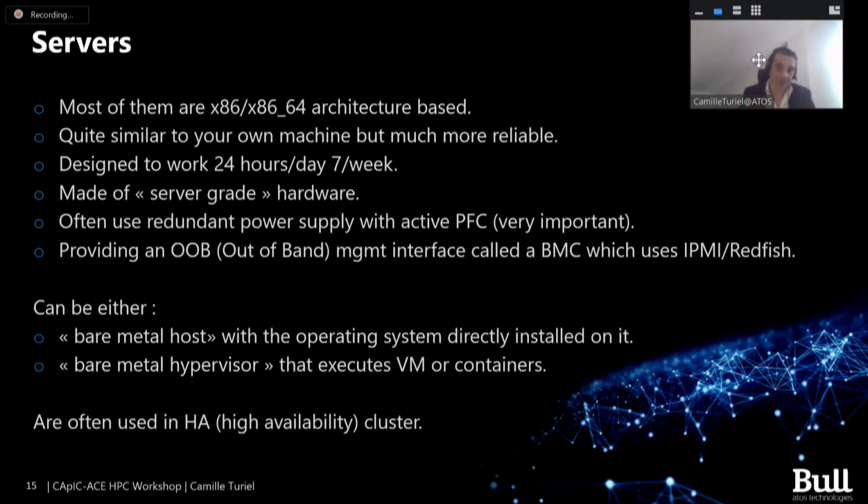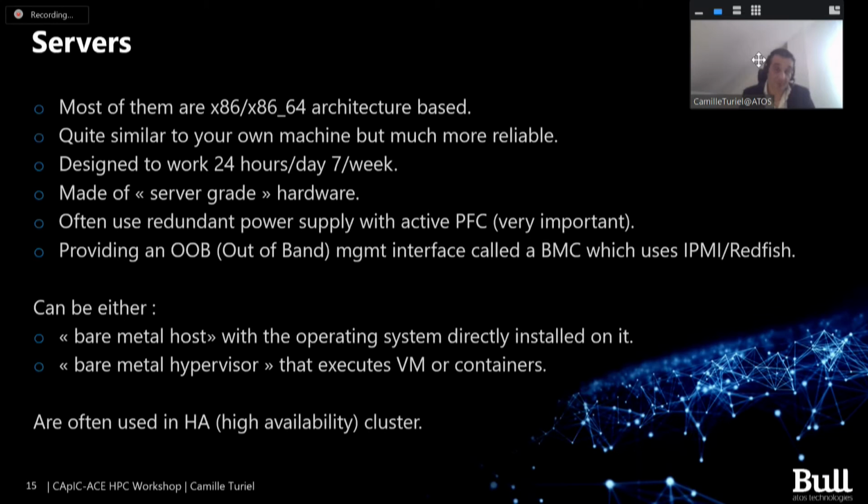And because IPMI is not very recent, it's a bit outdated, it's recently being superseded by Redfish, which is a very brilliant evolution of IPMI, and it's basically making use of REST API.